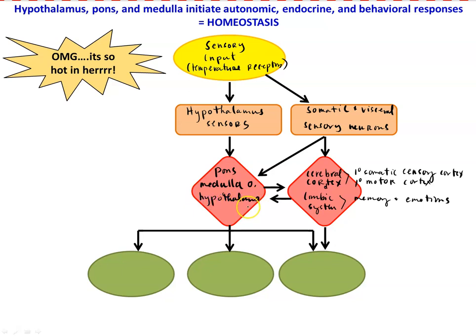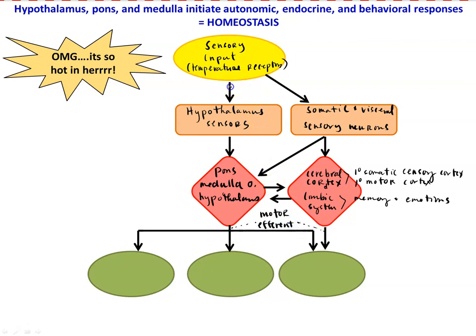Okay, and then I'm going to have now motor outputs, right? So look at these arrows. Motor, right? This is efferent, exiting the CNS.